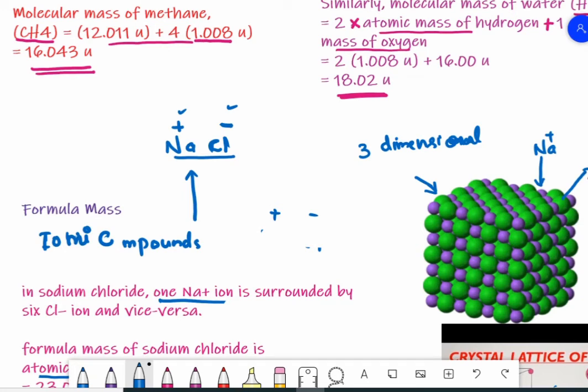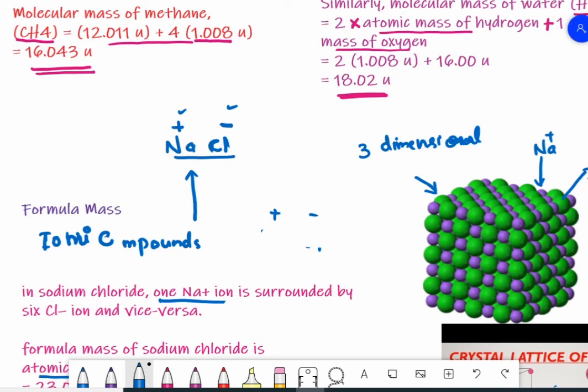Each Cl minus ion is surrounded by 6 Na plus, and each Na plus is surrounded by 6 Cl minus ions. So the number of nearest neighbors for sodium is 6 Cl, and chlorine is also surrounded by 6 Na plus ions. That number we call the coordination number, which we will be studying in grade 12. So in this structure, each Na plus is surrounded by 6 Cl minus and vice versa.